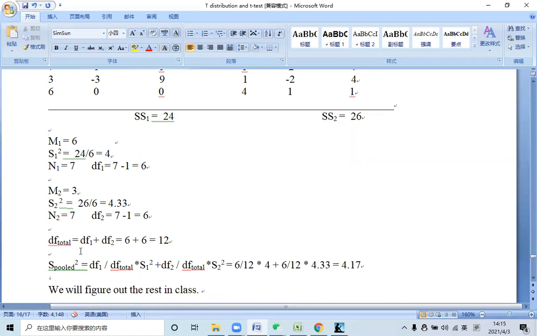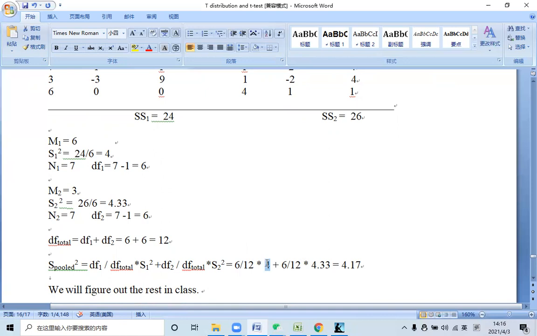That's a weighted average of the 2 estimates. The weight is the proportion of the degrees of freedom. In this case, we have an equal n between the 2 groups, so the 2 weights will be the same. Each one is half, 0.5.